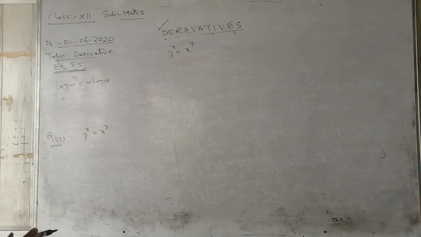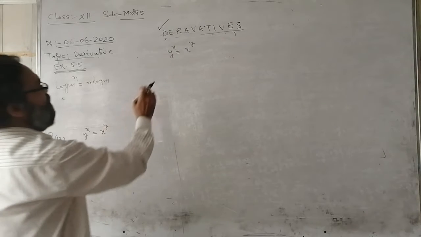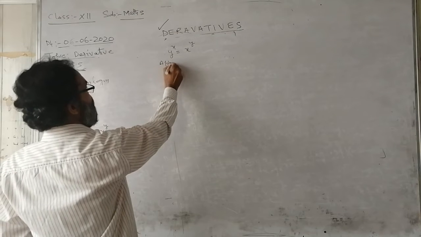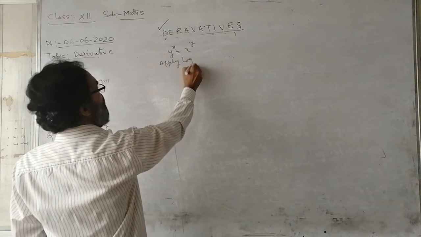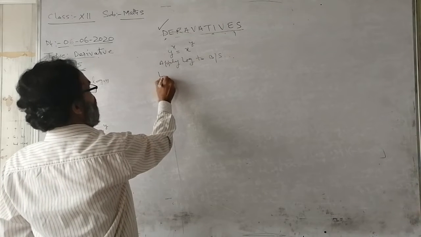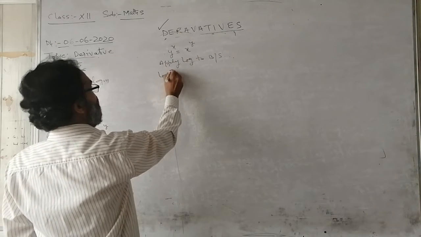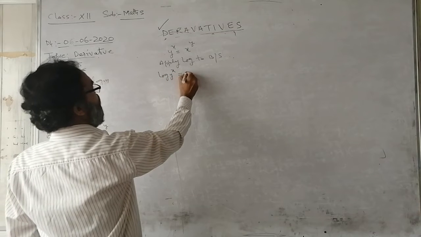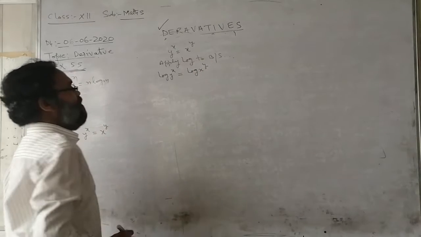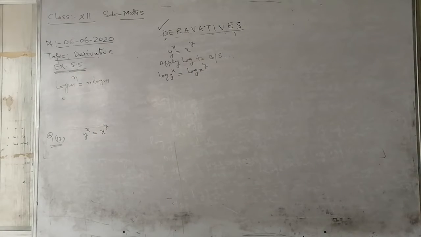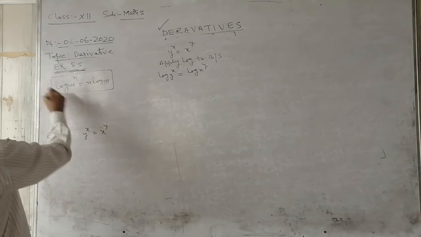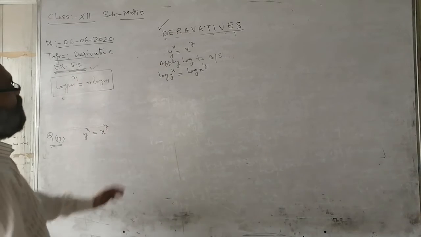So in order to differentiate this, I apply log to both sides. So this will be log of y raised to power x, and this will be log of x raised to power y. Again the formula of this is to be used here.